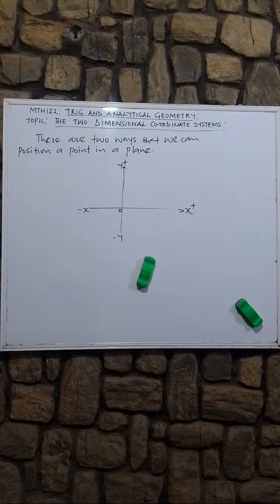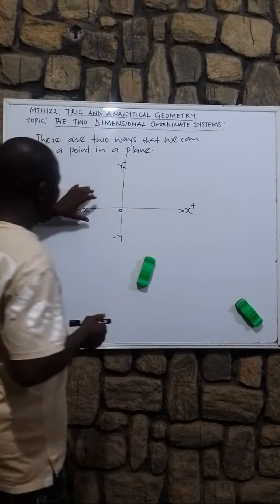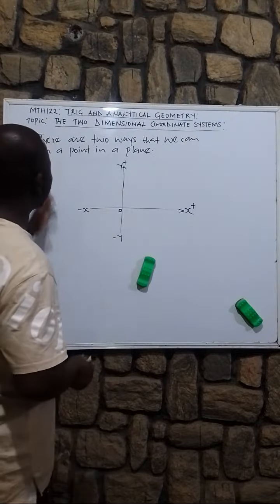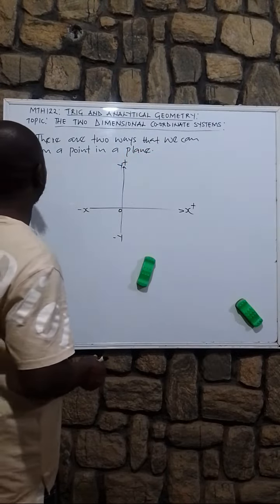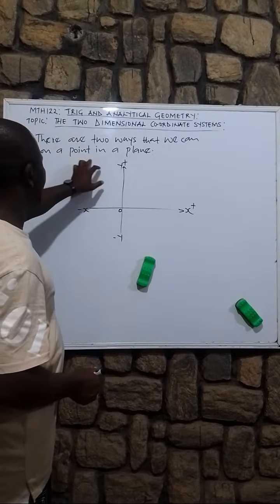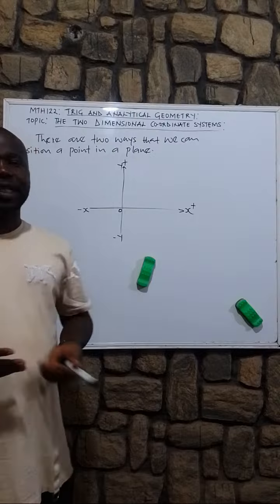Okay. So now, I said there are two ways that we can position a point in a plane. What are those two ways?